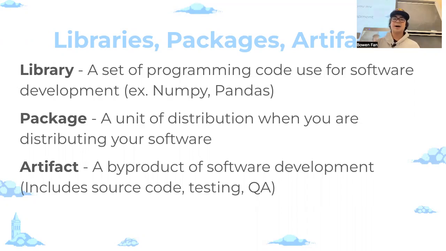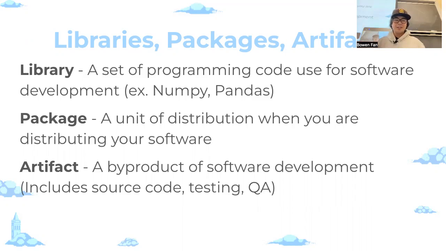In this case, NumPy has a lot of arithmetic operations that it can do that weren't originally created by the Python programming language. And Pandas is a data science library in Python. So that is a library. You can think of it as a set of tools or programming code that are slight derivatives of the original programming language.